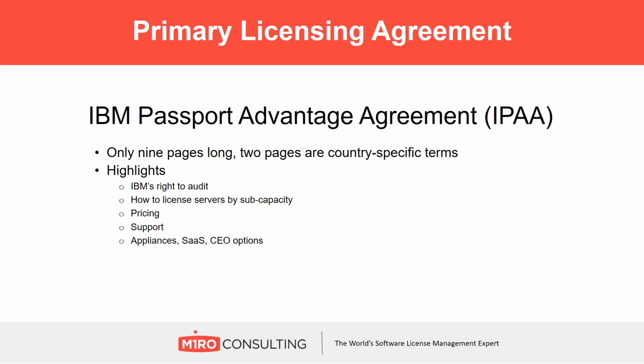If you're not using it, you're full capacity by default, and historically that was the way they were licensing it before ILMT came along. And if you have a virtualized environment, this is going to be a big deal to get subcapacity or to realize that you'll be calculated at full capacity. And that's going to be in the Passport Advantage Agreement, Sections 113 and 114.